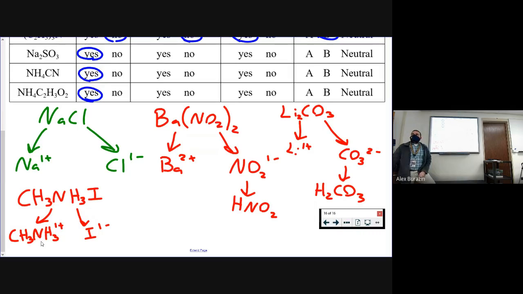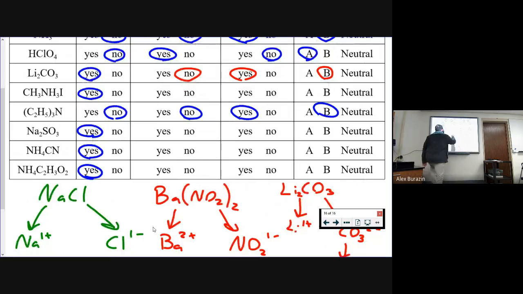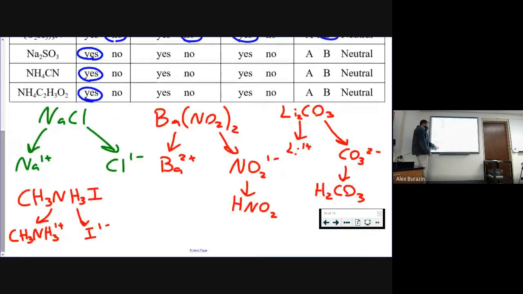Did it come from a strong base or a weak base? Weak. Those are all weak. Every single one of those nitrogenous bases are weak bases. If this came from a weak base, what is this then? Also weak. It's a weak acid. So is my cation acidic? Yes, it is. I go to the anion. That's iodide.